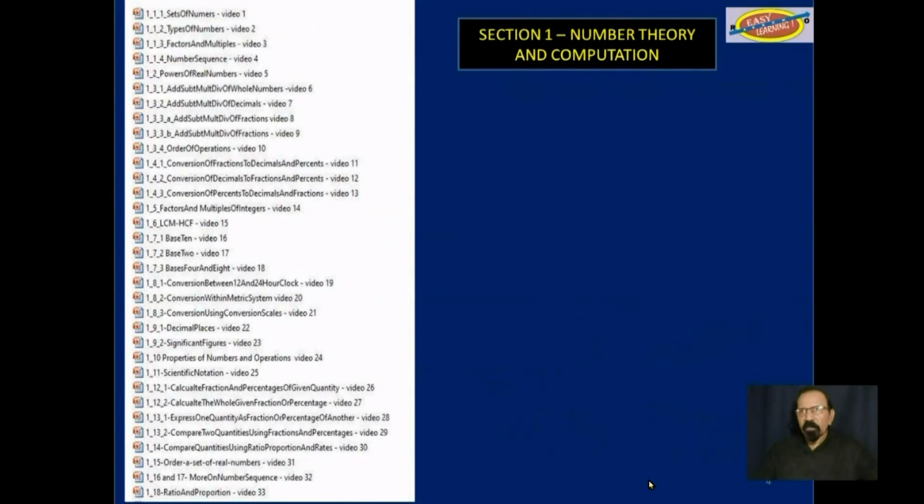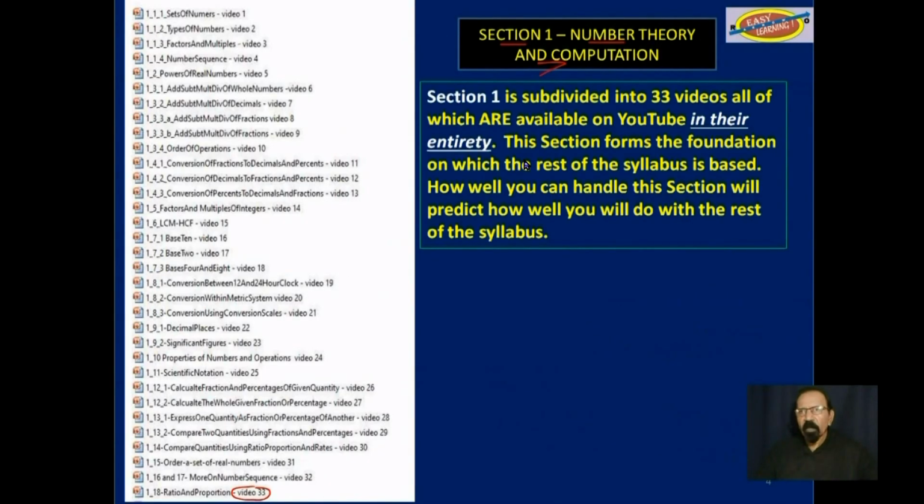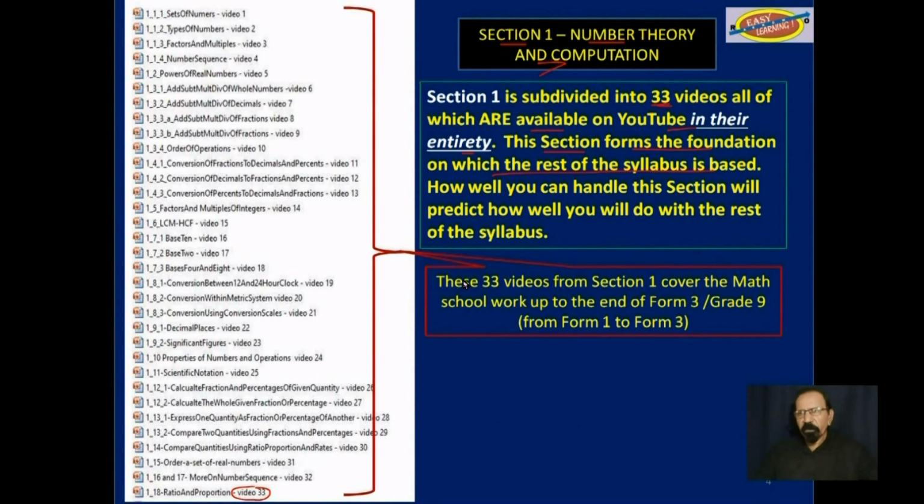As I just pointed out, section 1, number theory and computation, has 33 videos, and those 33 videos are all published on YouTube in their entirety, especially since this section forms the foundation on which the rest of the syllabus is based. So please make sure you look at these 33 videos and know them very well.